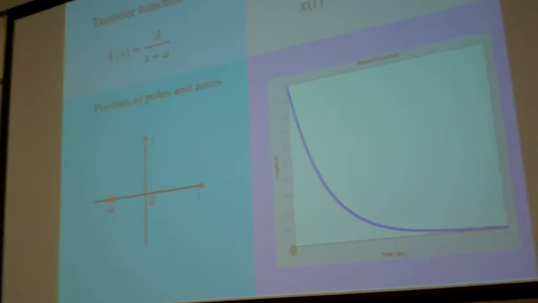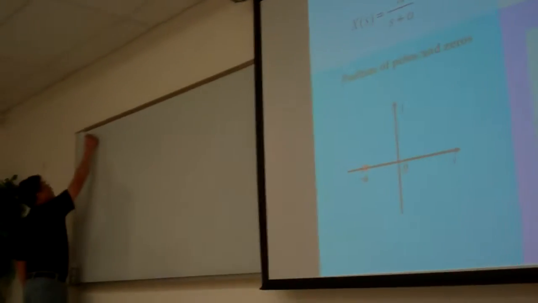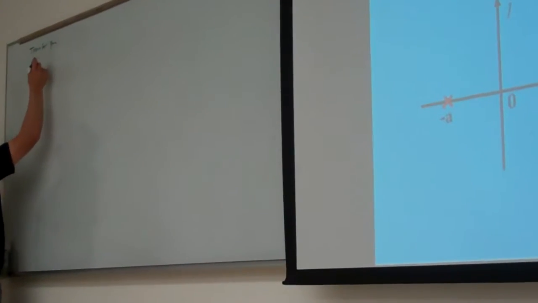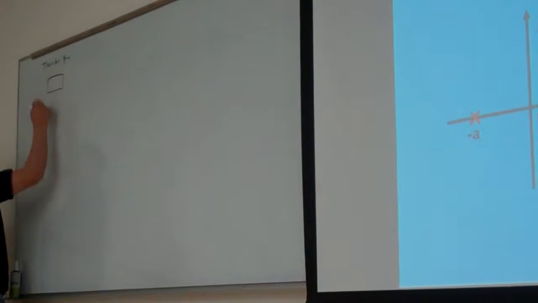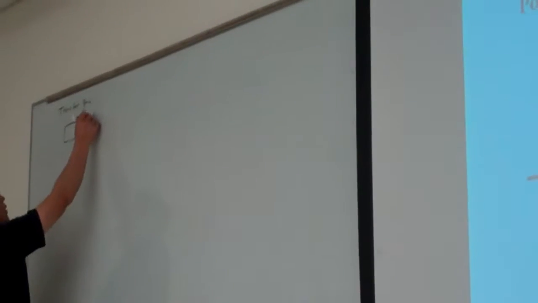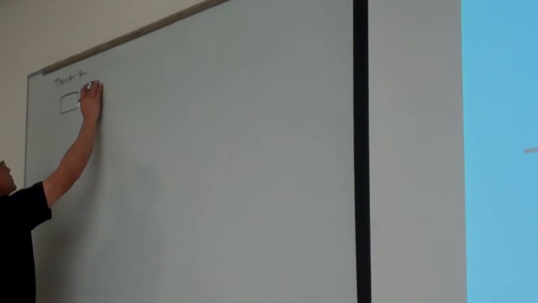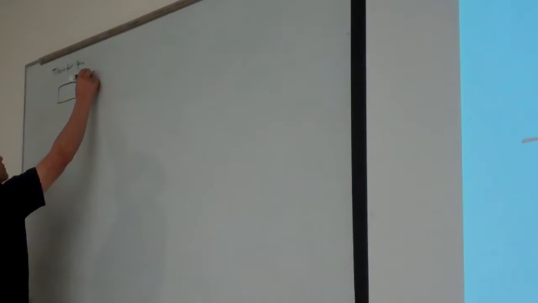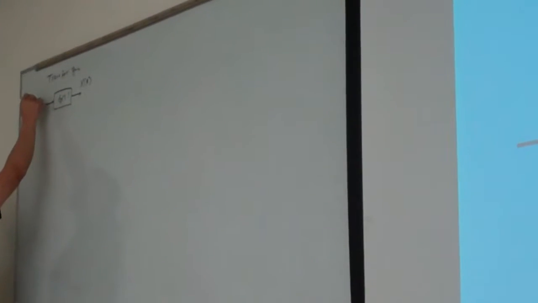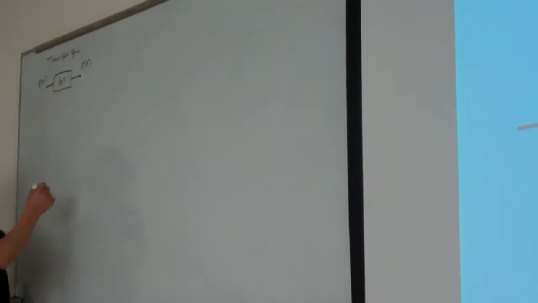Here, if our transfer function is this, let me make up one. In terms of my notation, this is the output X(s), this is our system, and this is our input.